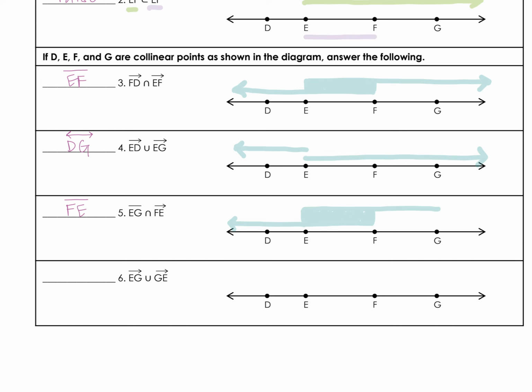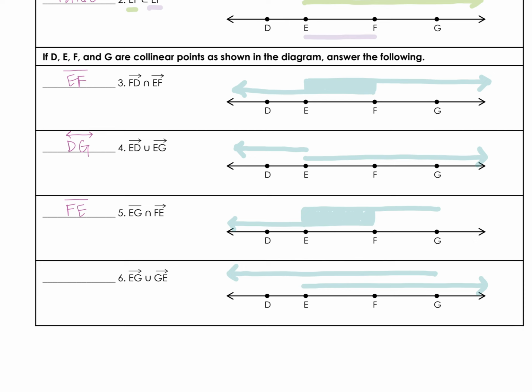All right, last problem. We have, what is the union of ray EG and ray GE? Once again, union means we want to name something that will include everything that we have just now marked up.